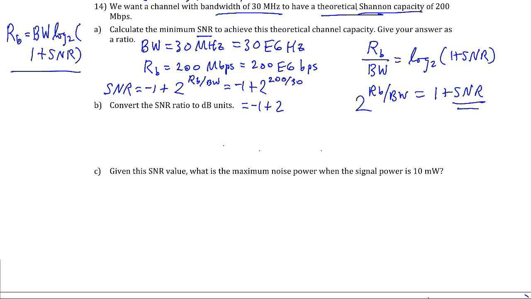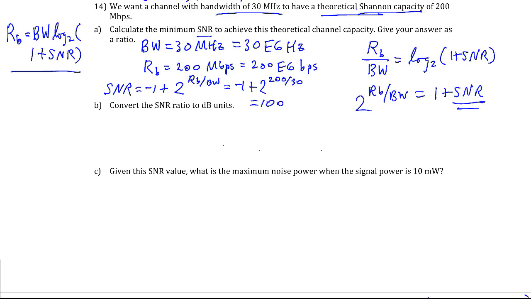This gives me 101.6, and then I subtract 1 from that. It's 100.6.